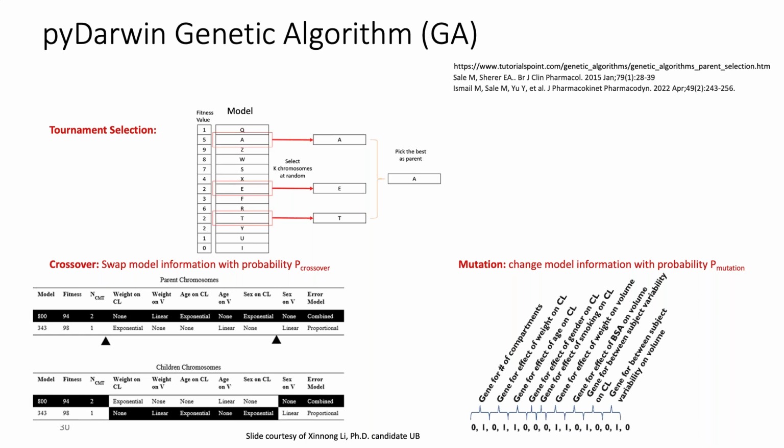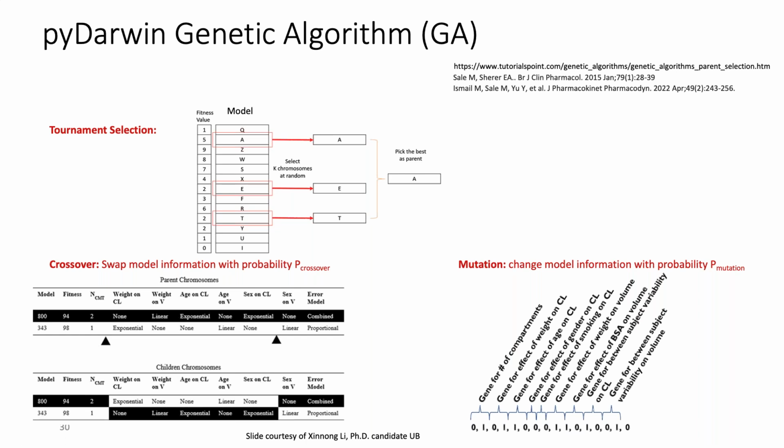Then from the parent pool, a crossover is done for pairs of parent models. The first thing is that we swap model information with the probability of crossing over, okay? And then we also use a random probability to select where in the genome that crossover is going to occur, so what is the position where the binary bit string / genetic material is going to be cut and exchanged.